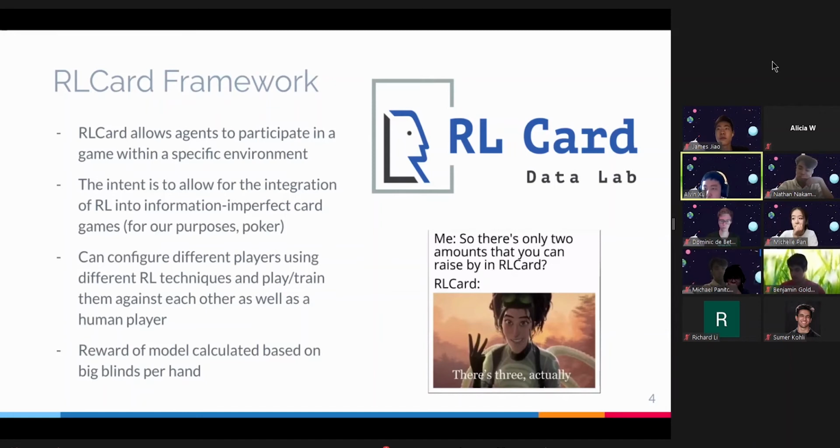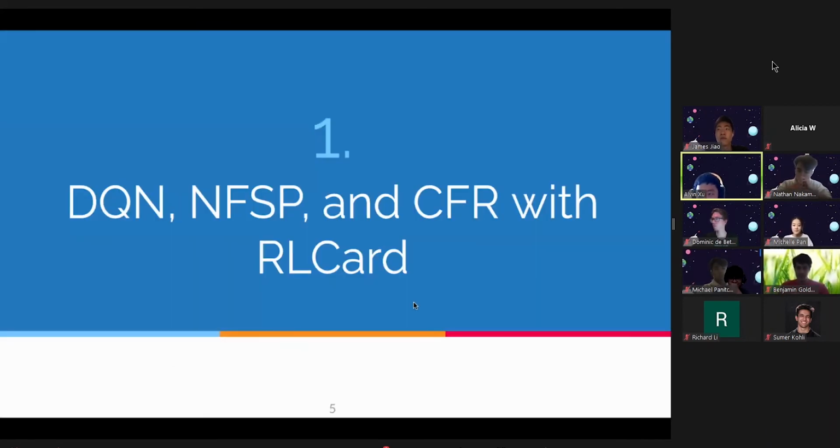We can train them, and we can play with them. In RL Card, the reward of each of our models is calculated based on the big blinds per hand. One thing we're going to go over first is the 3 different models that we trained through RL Card: DQN, NFSP, and CFR.